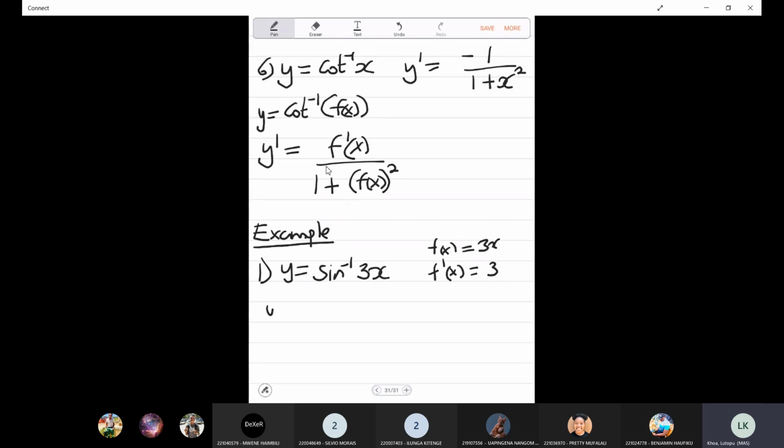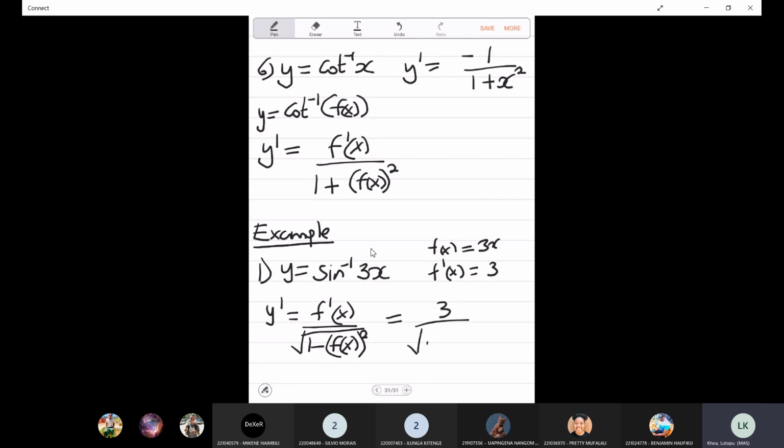So here, my y prime, if I were to just write down the formula, would be f prime of x over the square root of 1 minus f of x squared. That will be the formula. So I have my f prime here, I have my f of x, just substituting. This is f prime of x, that's 3.